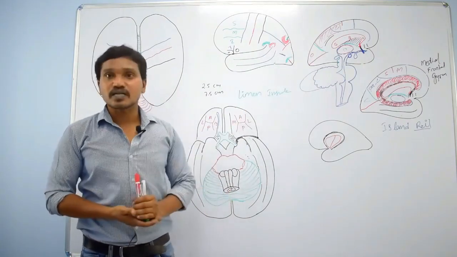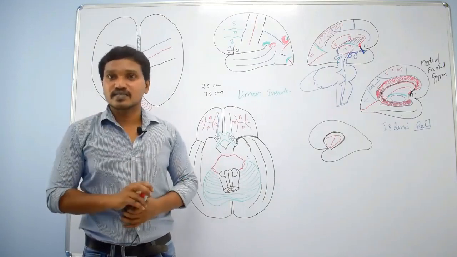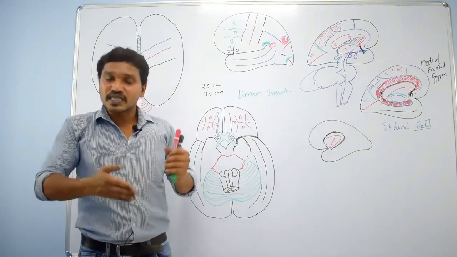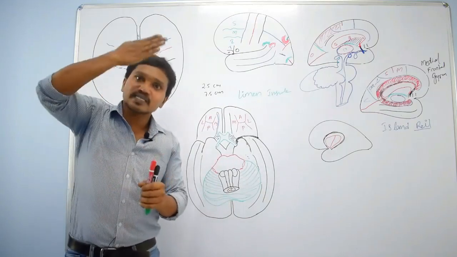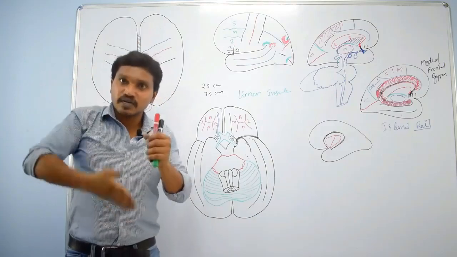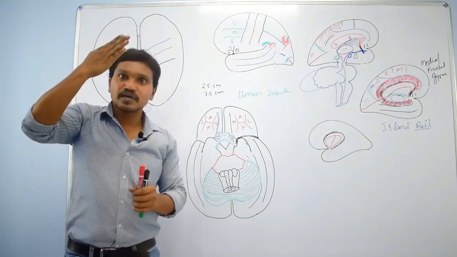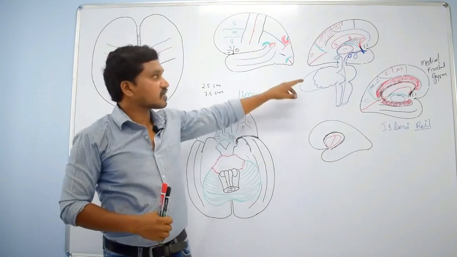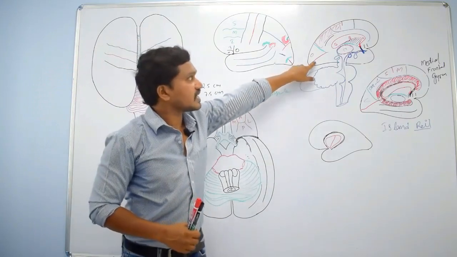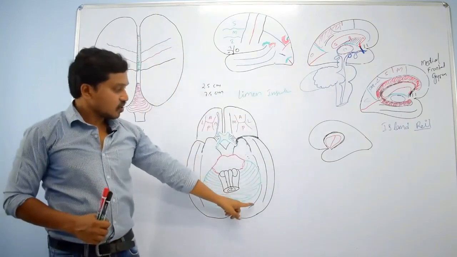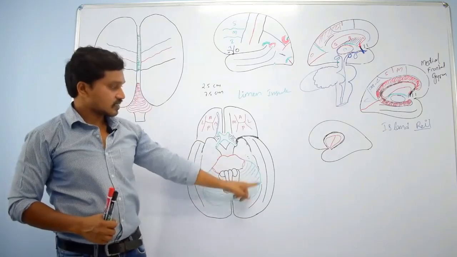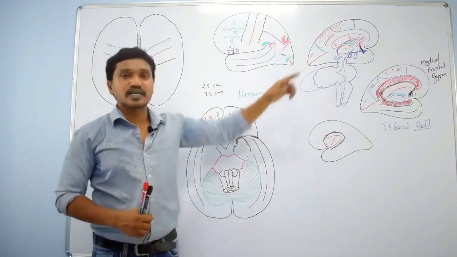Then some sulci are complete sulci. Complete sulcus means they completely invaginate the brain tissue. Examples are the calcarine sulcus and the collateral sulcus.